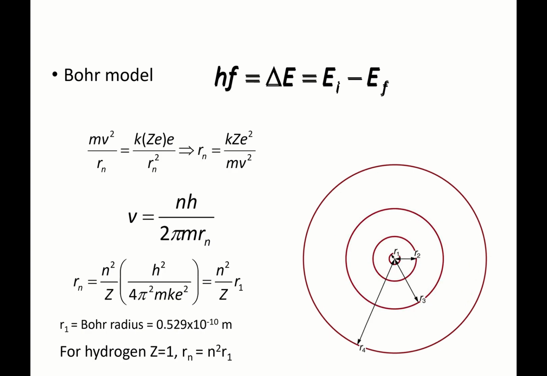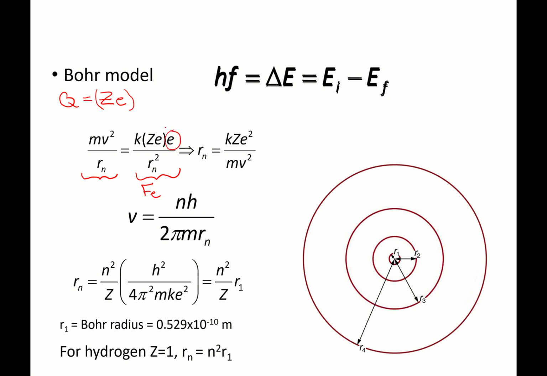So if we look at Bohr's model, remember that for anything moving in a circle, the centripetal force, mv squared over r, is going to be equal to the electric force that's attracting the electron to the nucleus. The nucleus has Z, the atomic number, times the number of protons, so the charge for the nucleus is going to be Ze.